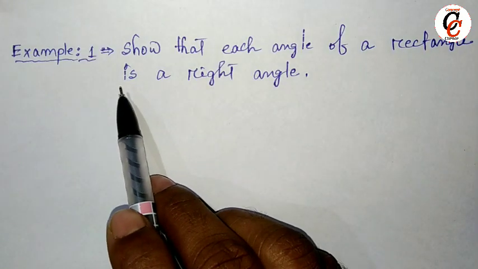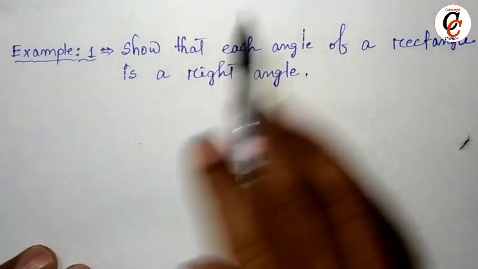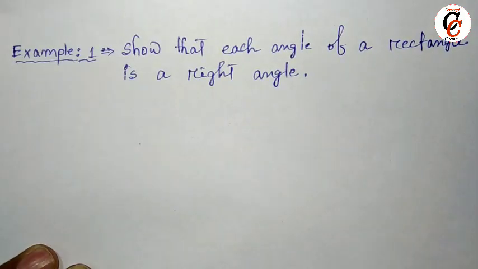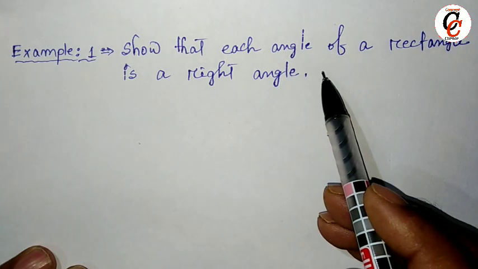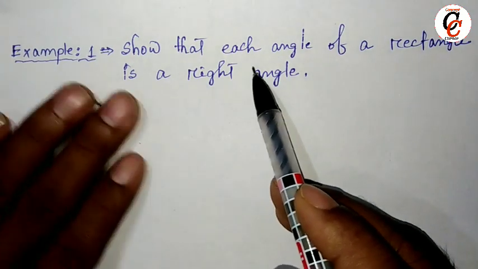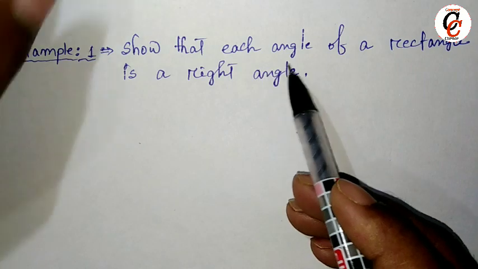Next we will see example 1. Example 1 is given. Show that each angle of a rectangle is a right angle.